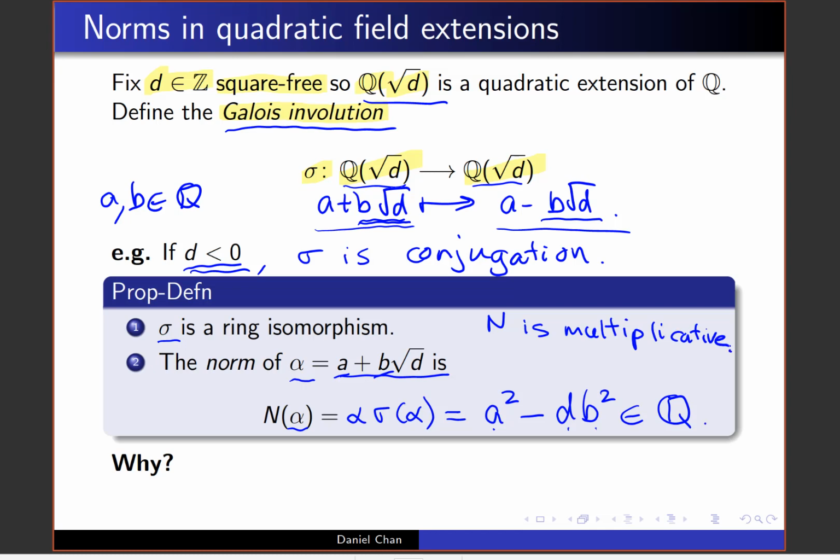Okay, so let's go briefly and see why this is true. Maybe I'll give a slightly more sophisticated reasoning. I guess you can just check that sigma is a ring isomorphism by checking that it preserves addition and multiplication. But you may ask, where does this come from? The way I'll do it is as follows. I'm going to construct various ring homomorphisms.